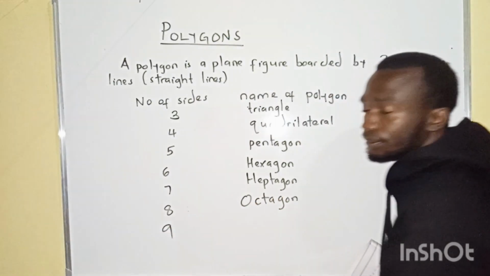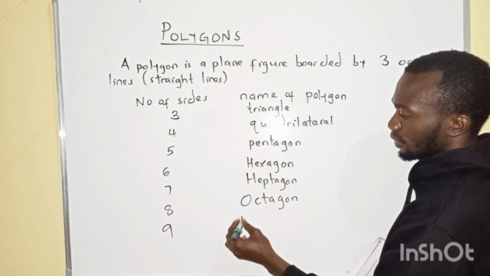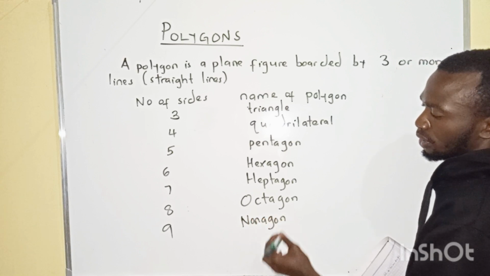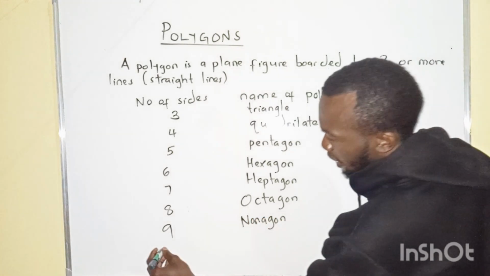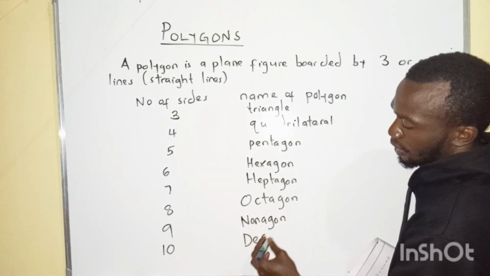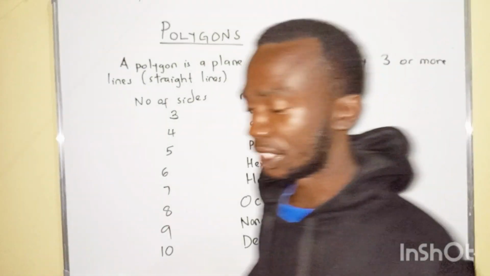A 9-sided polygon is known as a nonagon. And finally, a 10-sided polygon is known as a decagon.